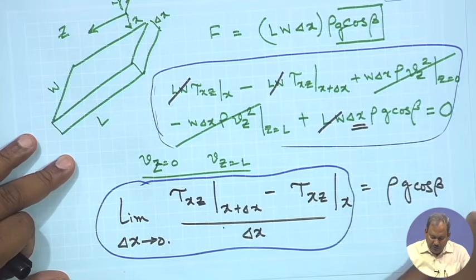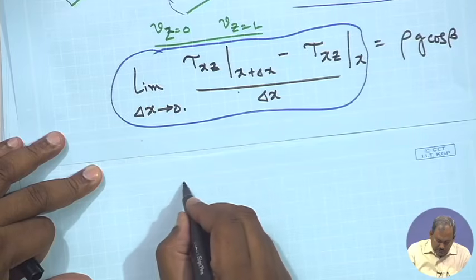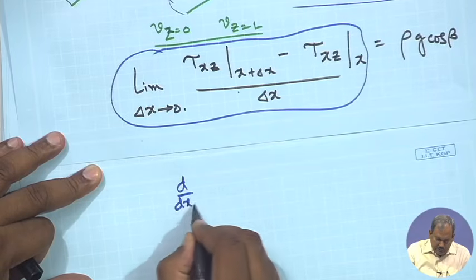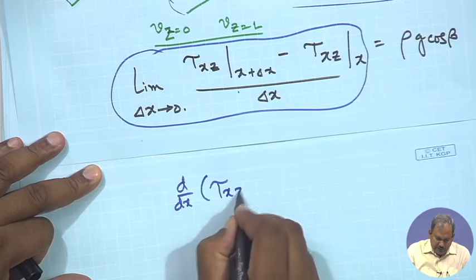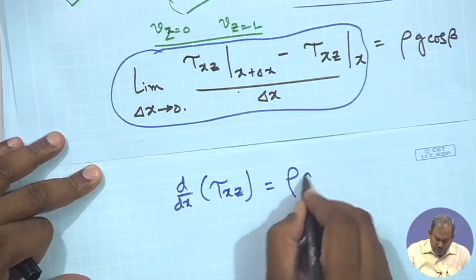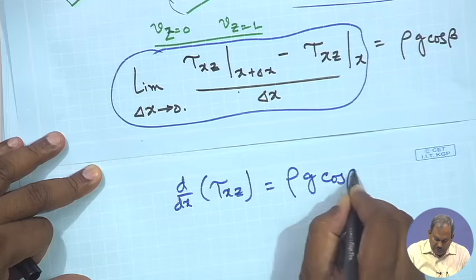So what you get out of this is simply d dx of tau xz is equal to rho g cos beta.